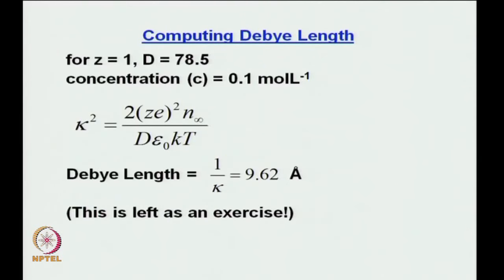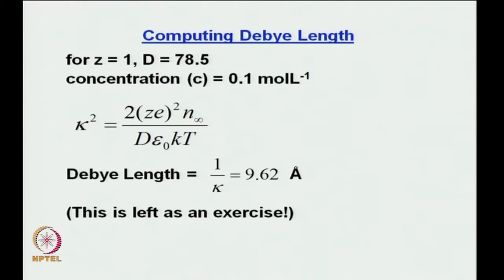So, this is an example of computing Debye length, right. For Z equal to 1, D is equal to 78.5, that is the dielectric constant. Concentration I have taken C to be 0.1 moles per liter, right. If I do a Debye length calculation based on whatever we have derived, the Debye length, which is 1 by kappa, comes to be 9.62 angstroms.